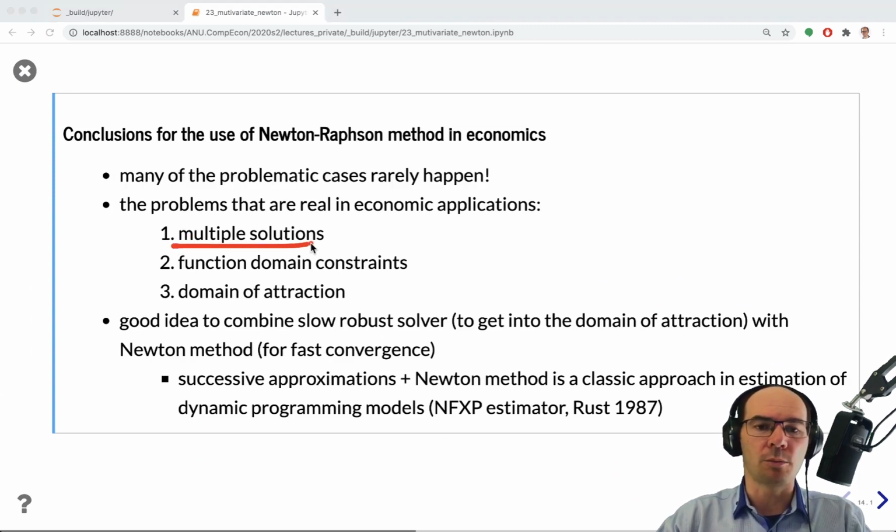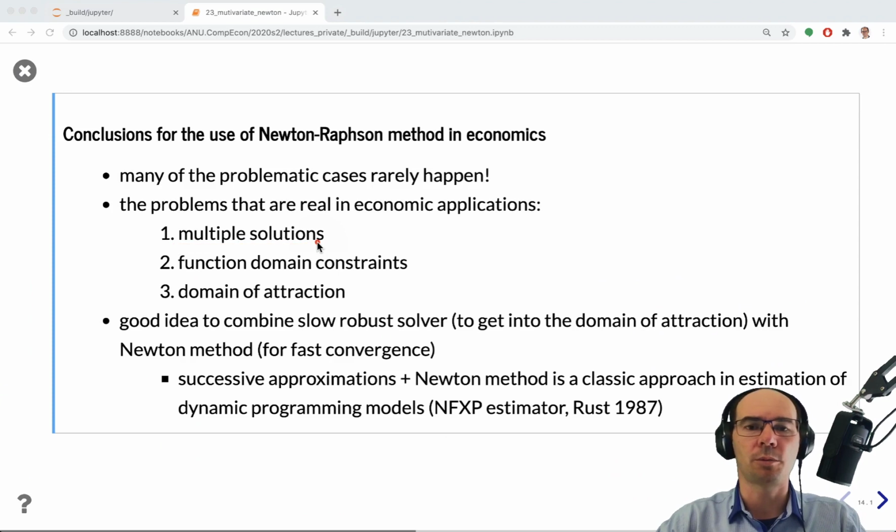So, like I said, multiple solutions is one thing to be aware of all the time. The function domain constraints, that's annoying. You will know that something is not working if the method runs into the space of variables or parameters where the functions are not defined or the derivatives are not defined.